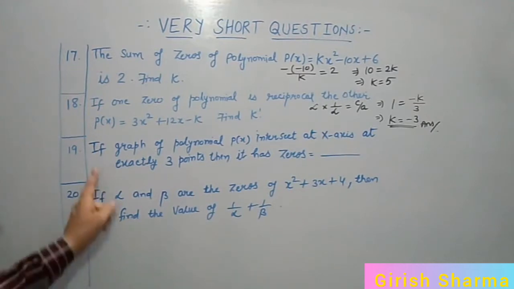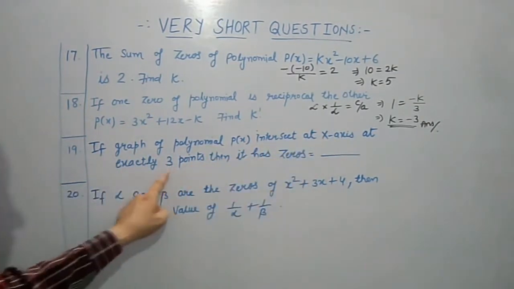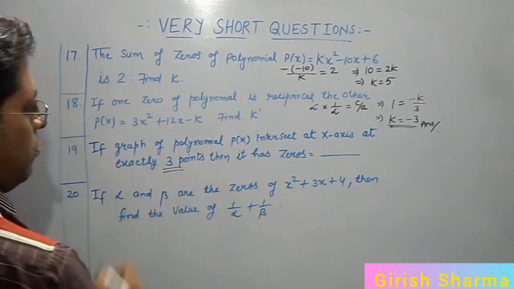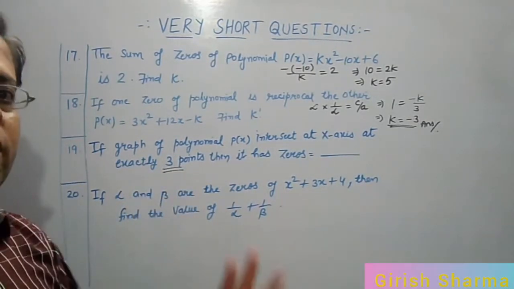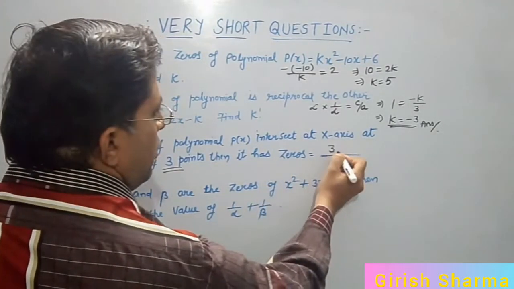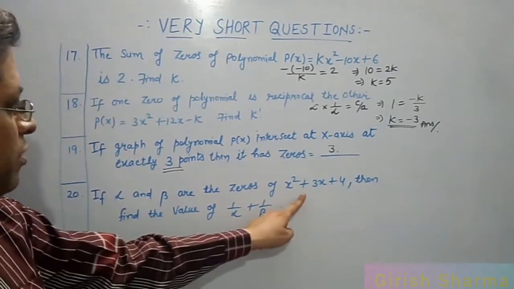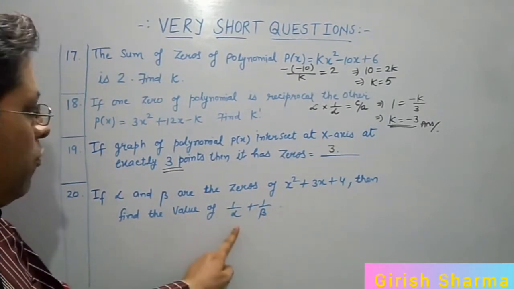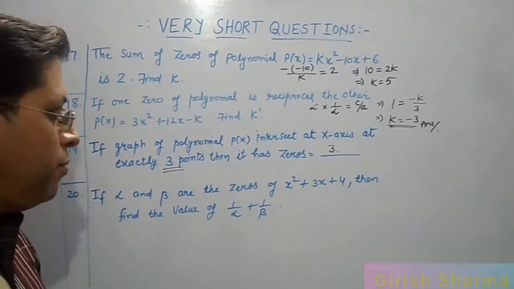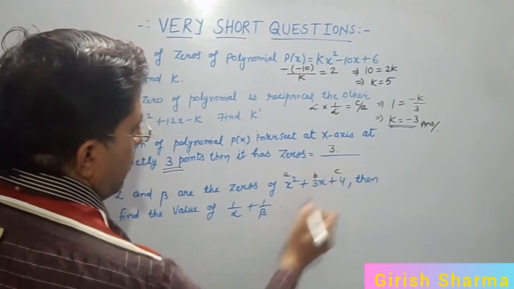Okay, come on. If the graph of the polynomial intersects the x-axis at 3 points, the number of zeros will be 3. Okay. If alpha and beta are the zeros of this, then find the value of 1 upon alpha and 1 upon beta. First of all, you put here a, b, and c.